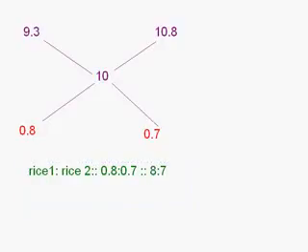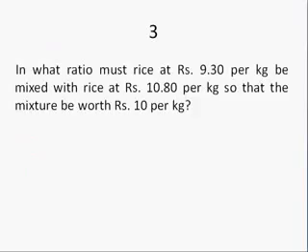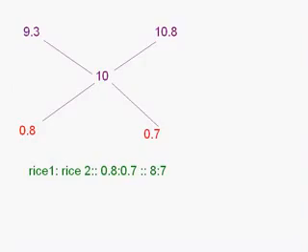Understood. So what we did in this question, we just used the basic rule of allegation. What does the basic rule say? Write the prices at the top, the cheaper one should come first and the expensive one second. Then you should write the mixture price, and then do the basic subtraction.